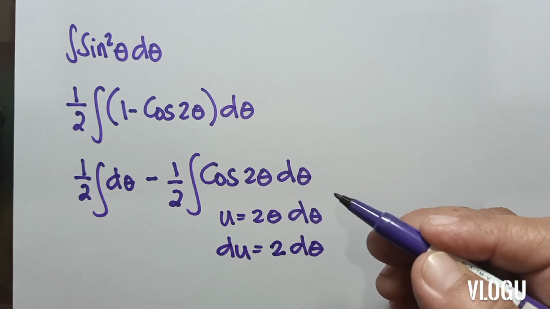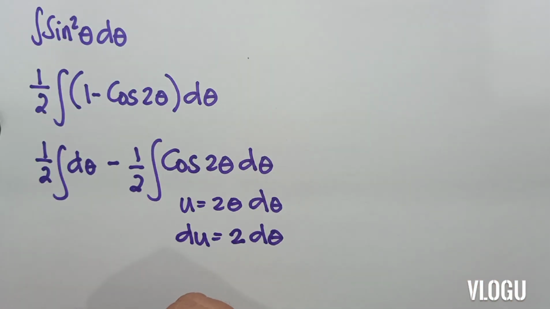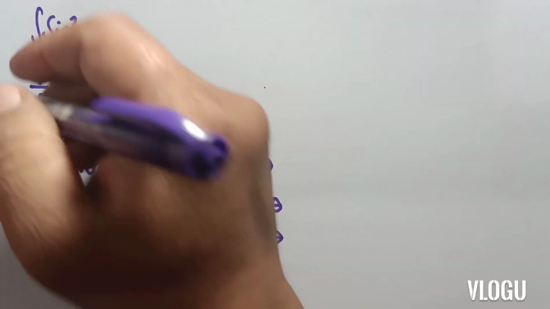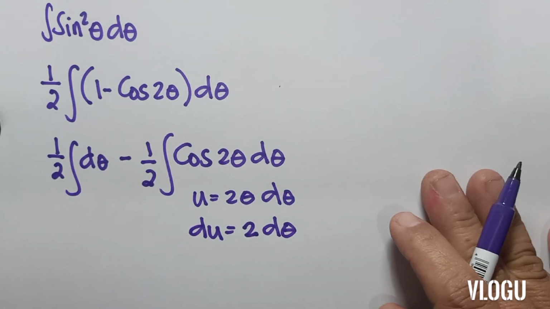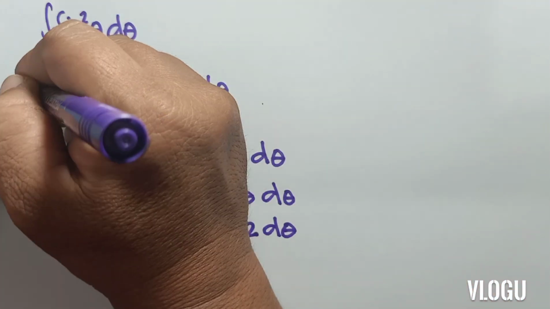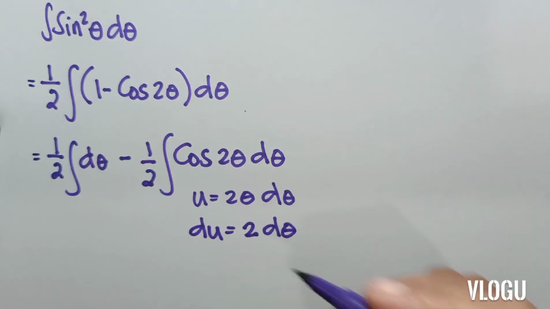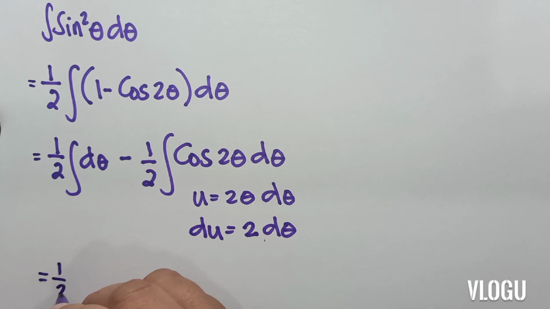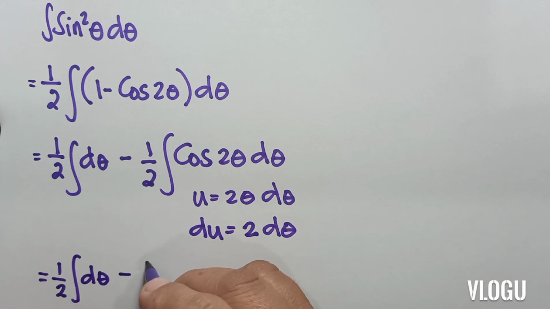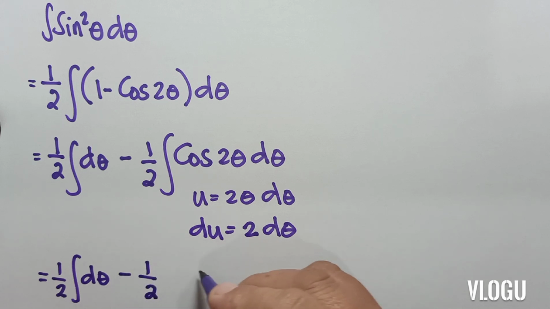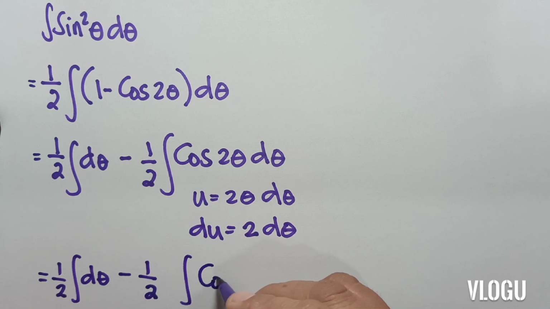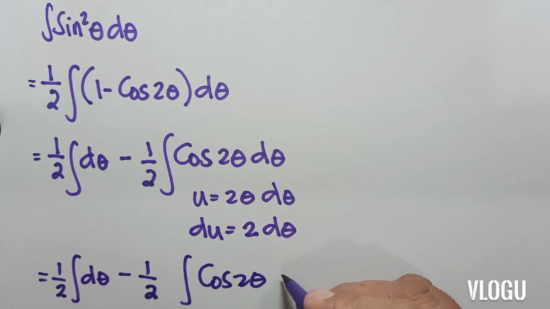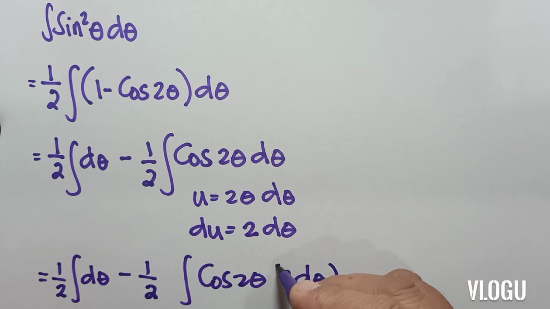So we will have 1/2 d theta minus 1/2 the integral of cosine 2 theta times 2 d theta, that is our du.